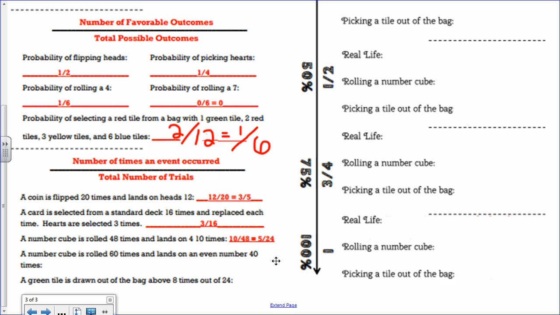If a number cube is rolled 60 times and lands on an even number 40 of the times, our probability is 40 out of 60, or 2/3. And our last example, a green tile is drawn from a bag 8 times out of 24. So our probability would be 8 out of 24, which is equal to 1/3.